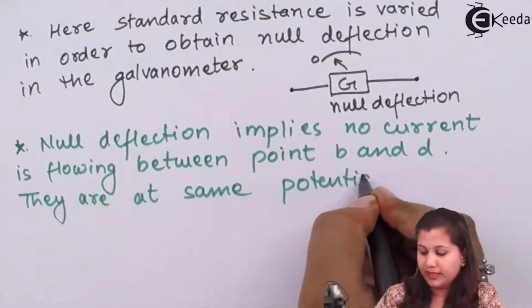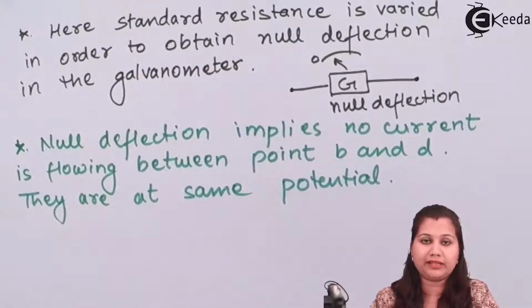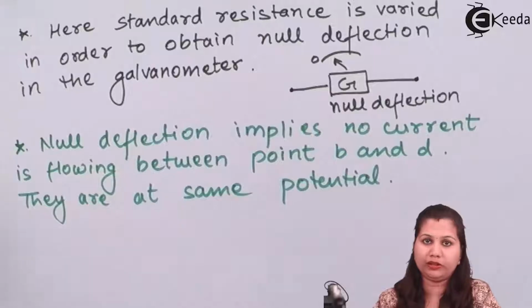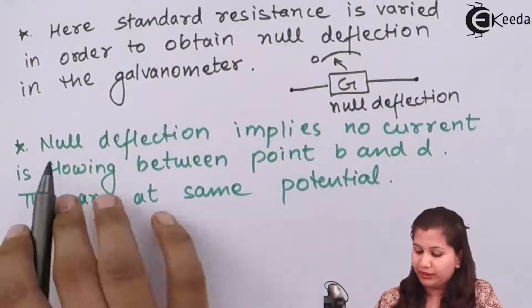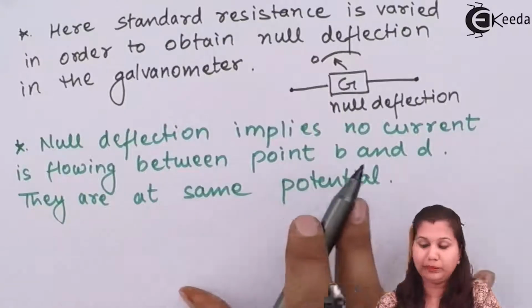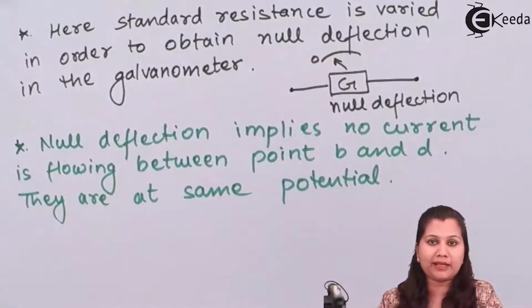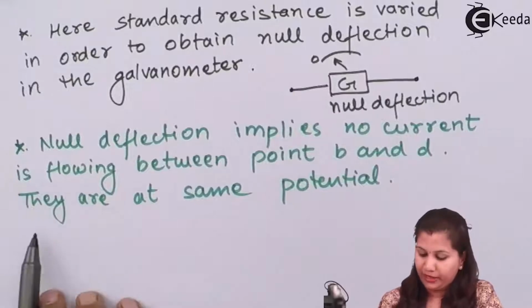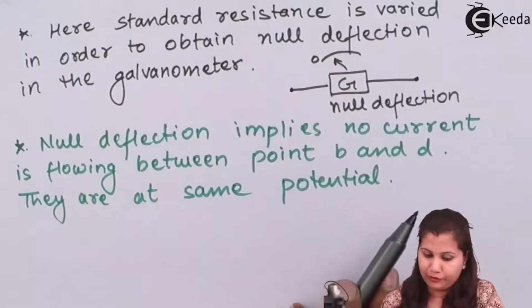Now when 2 points are at the same potential, it means that no current is flowing between those points. So null deflection implies that no current is flowing between B and D, meaning no current is passing through the galvanometer and they are at the same potential.